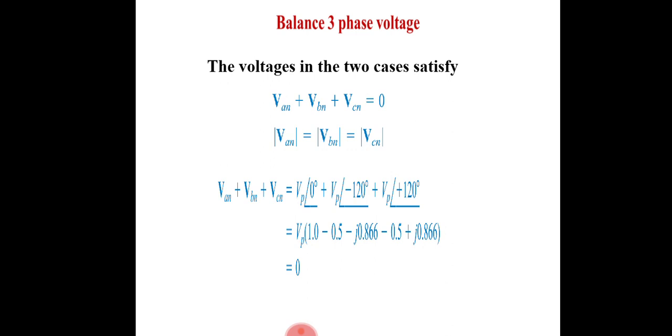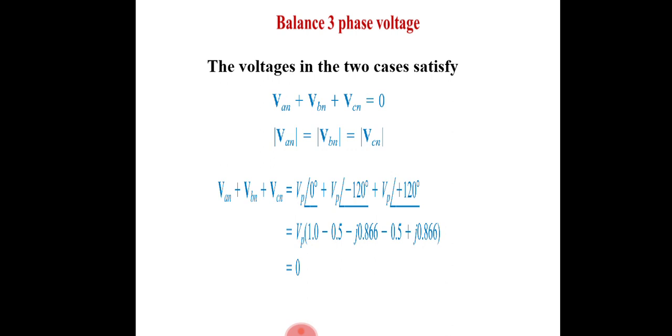Okay. Now VP with angle minus 120 degrees is converted to rectangular form: VP cos minus 120 degrees plus jVP sin minus 120 degrees. So here VP with angle minus 120 degrees is equal to VP times 0.5 minus j0.866.